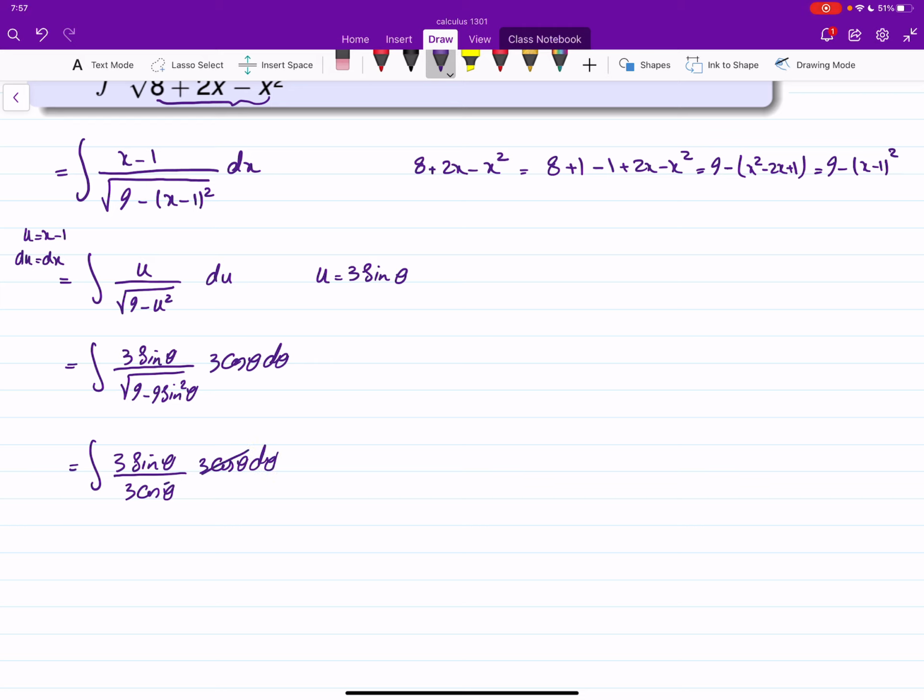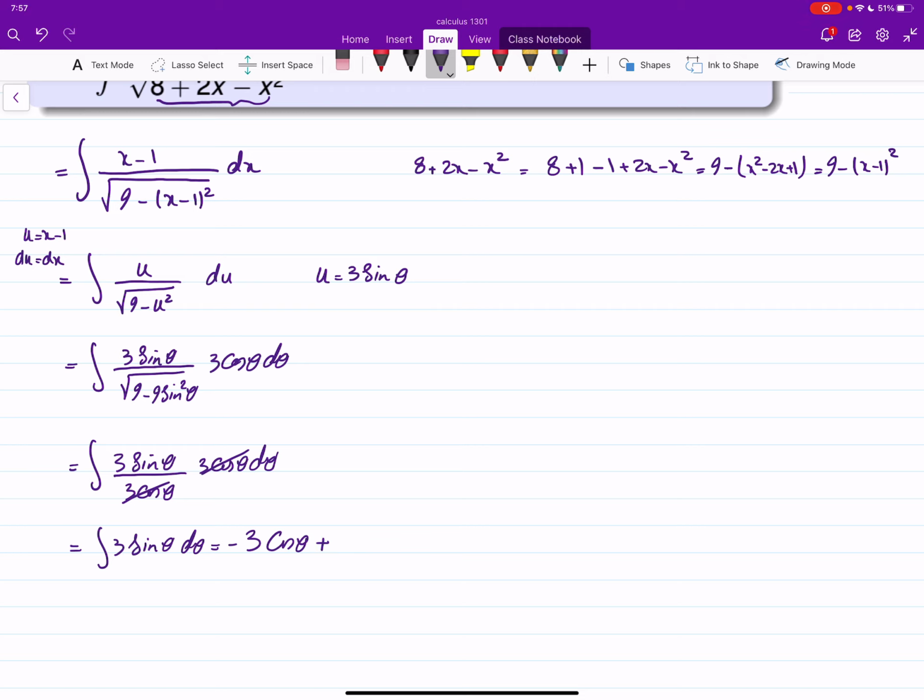These two cancel each other, and what we are left with is the integral of 3 sine theta d theta, which is negative 3 cosine theta plus c.